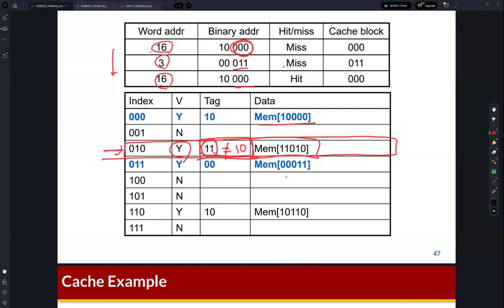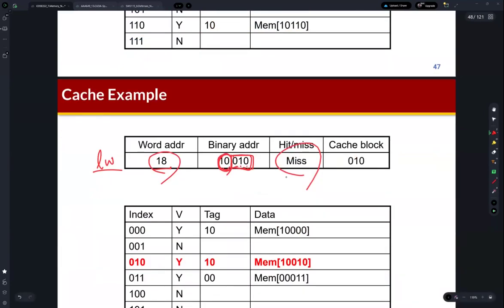In this case, this original data, so this existing data is evicted. It's kicked out from the cache, right? Because this data needs to be stored to this cache block, because this is a direct mapped cache, and based on the index of this data, this data needs to be stored in this block only.